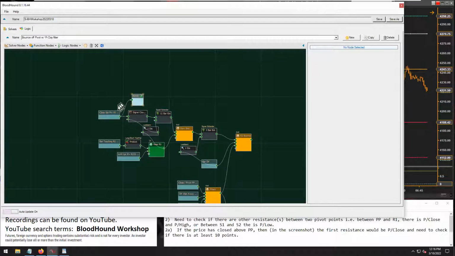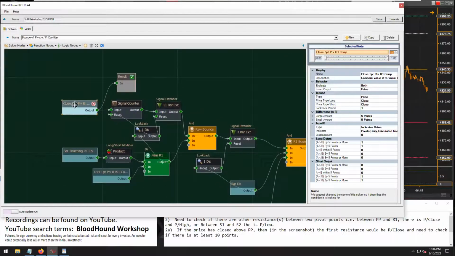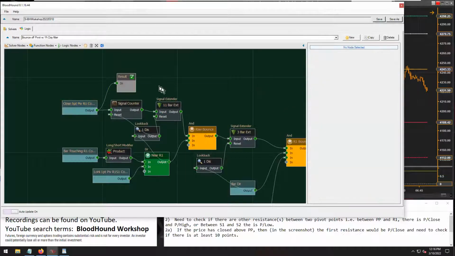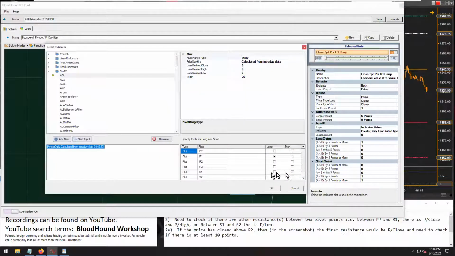So let's take a look at this comparison solver. All right, so we're comparing the closing price to the pivot R1. Oh, and S1. So I did set this up correctly.